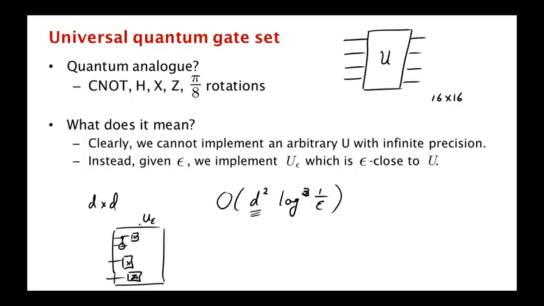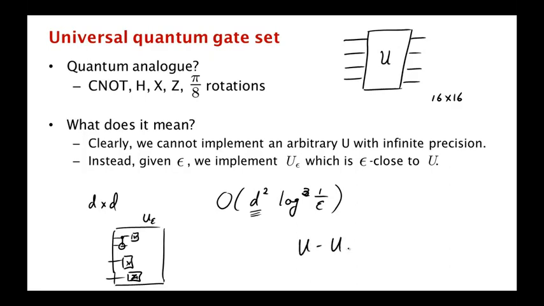And moreover, this circuit U sub epsilon behaves almost the same as U, in the sense that these two transformations, U and U epsilon, are epsilon close in operator norm.